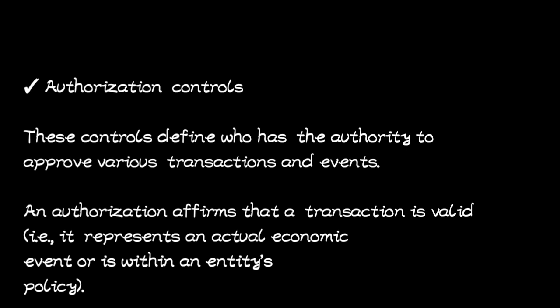It shows that something has been approved and it is actual. It represents an actual economic event, or it shows that something is within the policy, or it has been accepted to take place. This person has approved that we should give sales on credit. This person has approved that we should purchase a particular asset. That's what we call authorization.